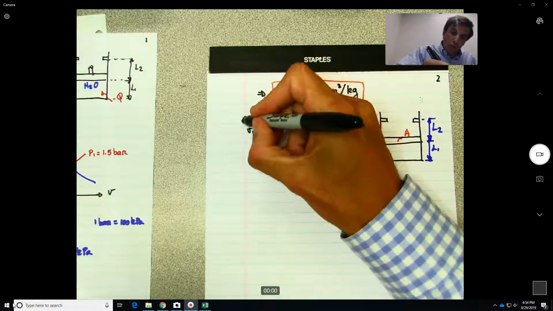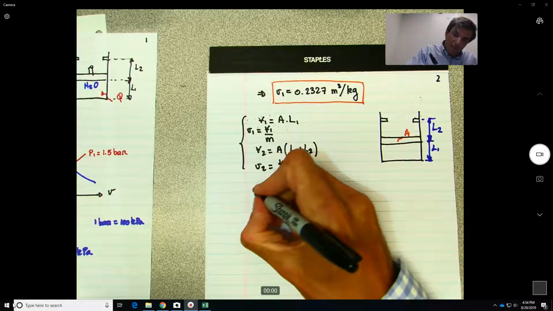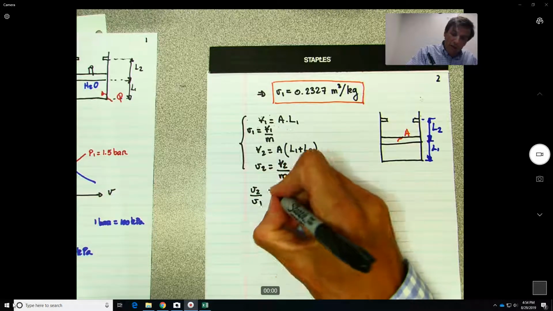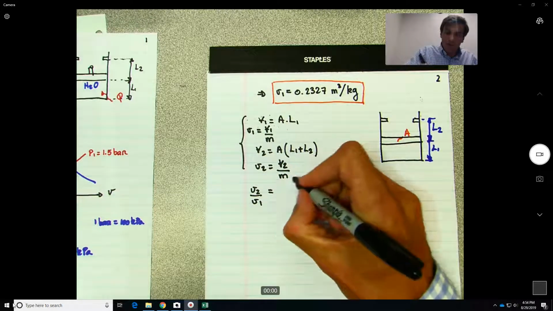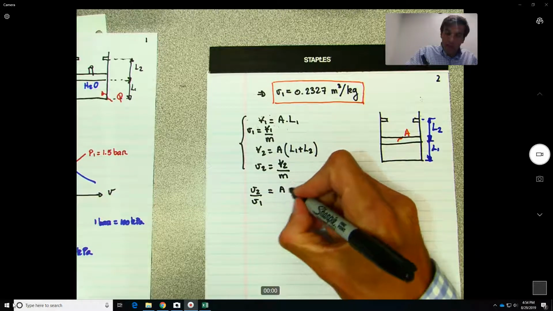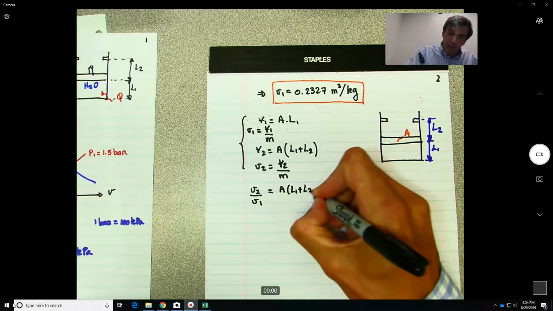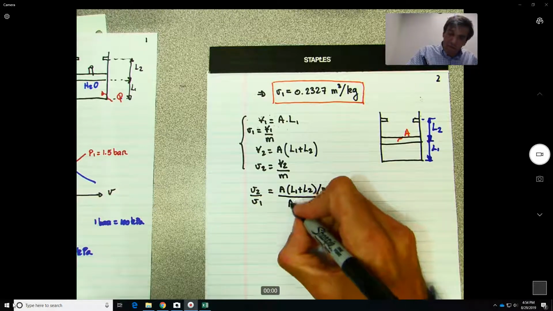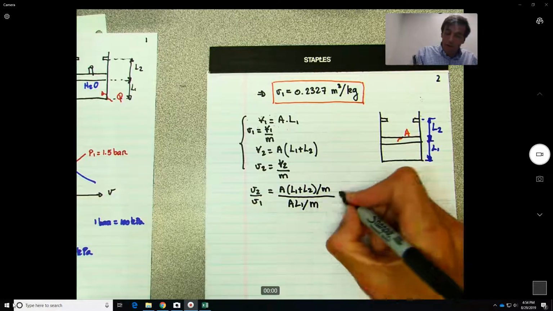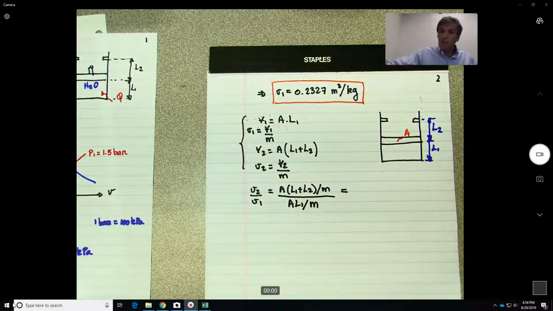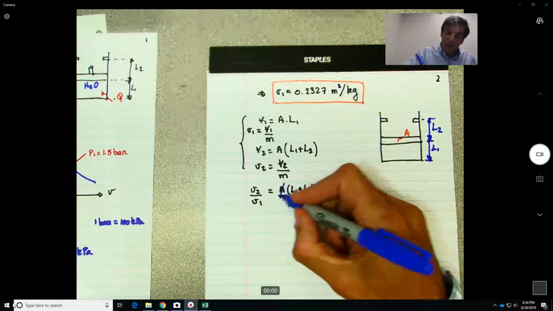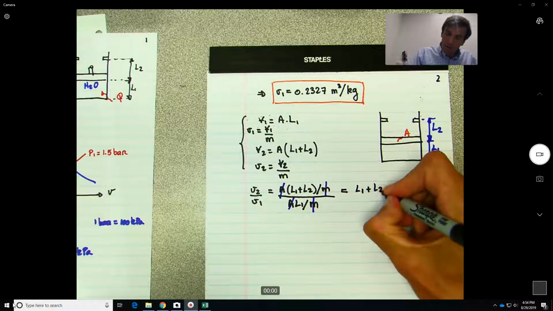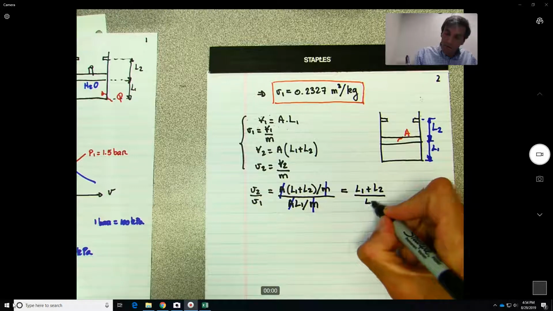So using these two relations, let's say V2 over V1 will be equal to A times L1 plus L2 over M, divided by A L1 over M. So this will simplify: the M will cancel out, the A will cancel out, and we'll have L1 plus L2 divided by L1.